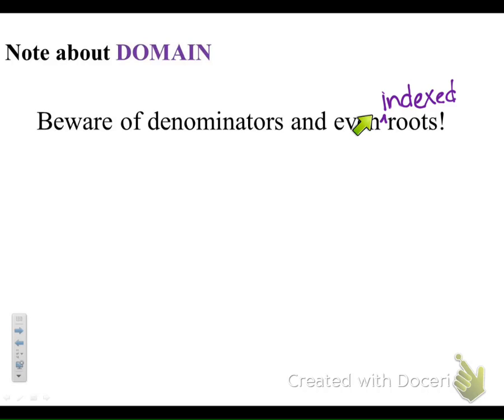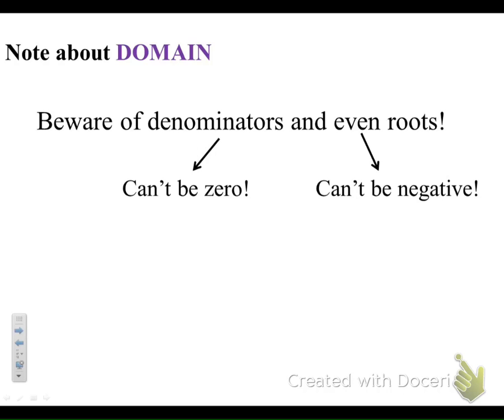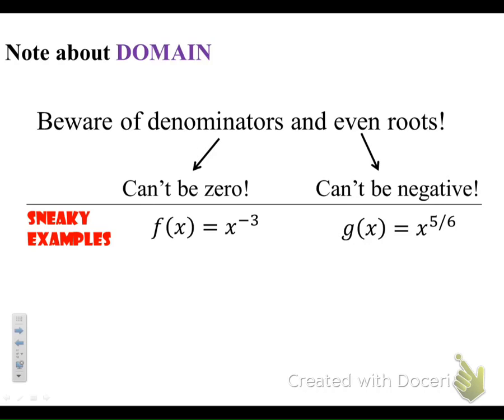So first off, denominators can't be 0. And even roots can't be negative. Sneaky stuff. So I want to put these sneaky examples up here, because sometimes whenever we don't see it in its denominator form or its even root form, we don't think it's there. But these are sneaky examples.